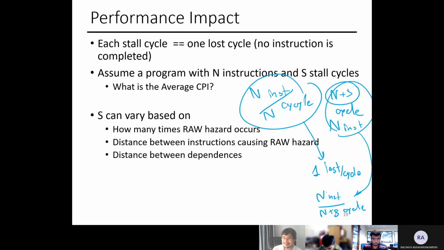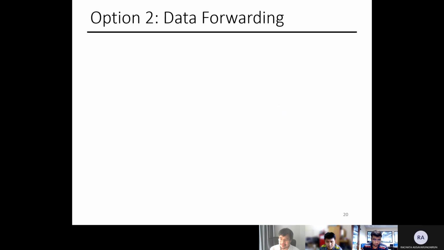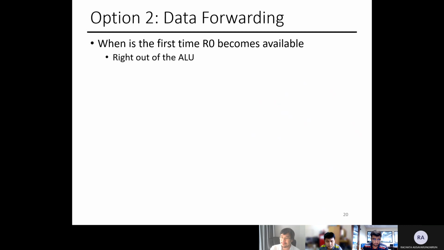So this is bad, and we should fix it. We can fix it with data forwarding. The first time R0 becomes available is right out of the ALU, so you can get it from the ALU. Why wait until write back when your data is already available from the execute stage?